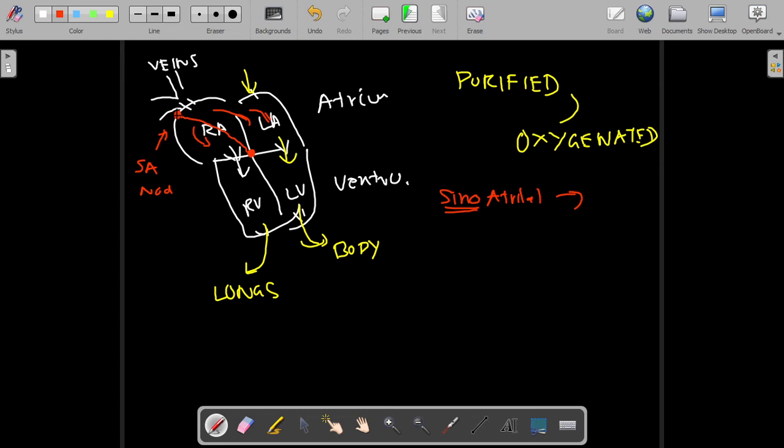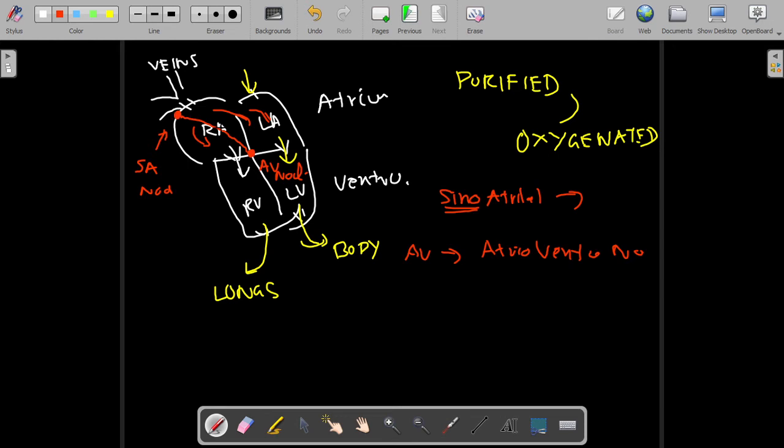Now the impulse travels from the SA node to this point called the AV node, the atrioventricular node. It is in between atrium and ventricle, so it is the atrioventricular node.